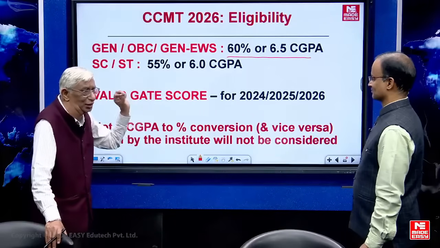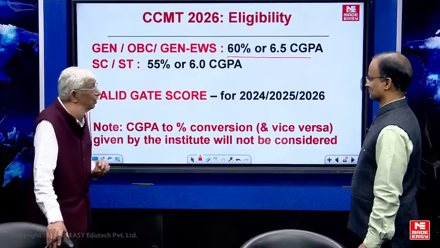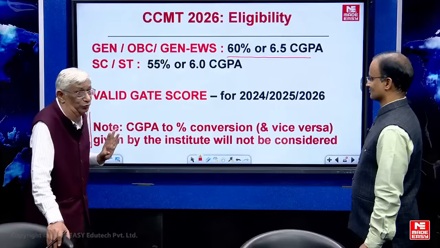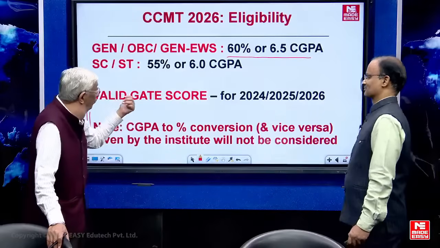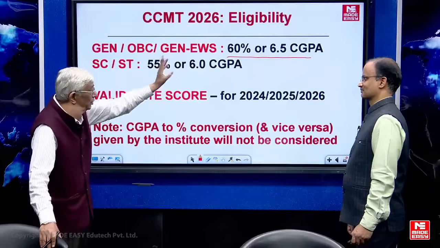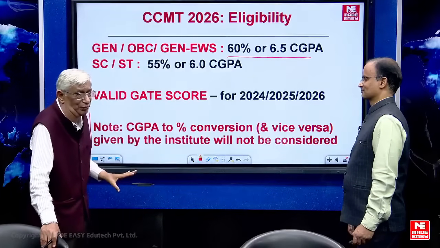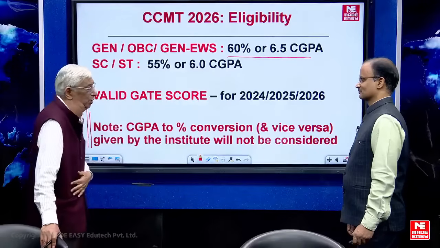If it is CGPA, they will take that CGPA. But to be able to apply to CCMT, you must cross the threshold which has been mentioned. 60% for general category or 55% for SC/ST category. General, OBC, EWS, same percentage applies. This is for admission to NITs and various other participating institutes.